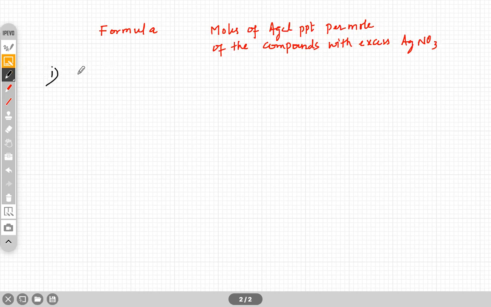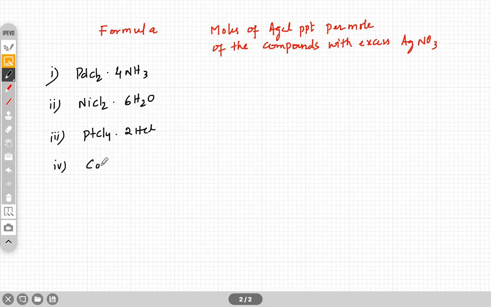The first one is PdCl2·4NH3, then NiCl2·6H2O, PtCl4·2HCl, CoCl3·4NH3, and PtCl2·2NH3. These are the molecules given.